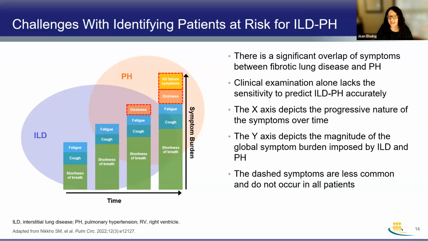How to discern when that's exactly happening is impossible without additional testing. But many times you start to develop more dizziness, and it might be low oxygen, and then you start to have swelling and right heart failure symptoms and end stage disease. So it's important to know that those symptoms can change over time, and they may give you a hint that something is going on in the pulmonary vascular bed.